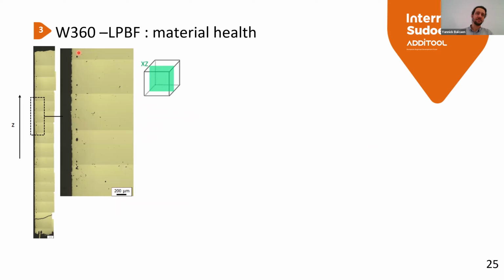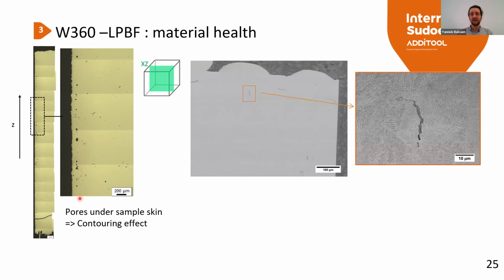On the skin of the produced sample, on the side skin, we can observe different pores, relatively big pores just under the skin of the sample, and it's due to a contouring effect. But the skin of this part has to be machined, so it's not a very hard defect that we observe.